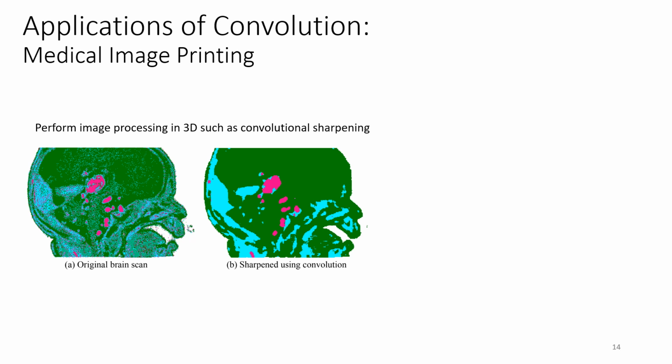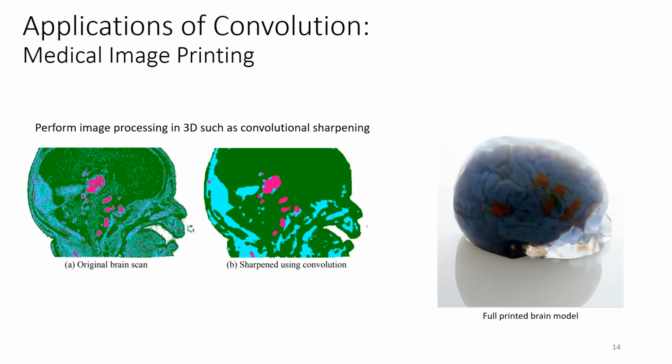So on the left-hand side, in A, you can see this is an original brain scan. There's a lot of matter and noise in those sort of cyan pixels kind of mixed in with the brain. We want to be able to clean that up, and a sharpening kernel offers us a really good way to do that. So when we actually do this, this is going to help us improve transparency, as well as it can be used to highlight specific regions. So that's what we see what's happening here on the right-hand side of the screen. We've got a fully printed brain model.